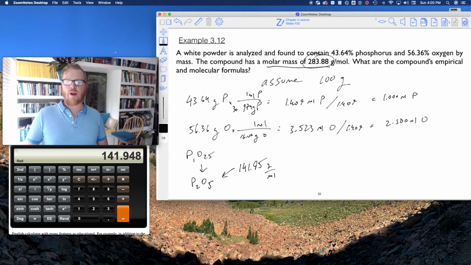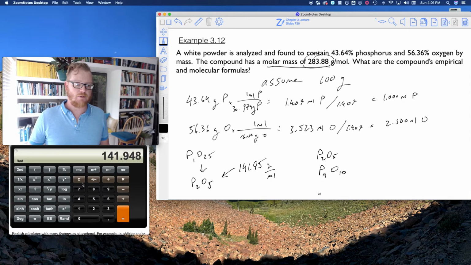We'll recognize that my empirical formula and my molecular formula have to be related to each other by some whole number quantity. So what happens if we try to multiply by 2? What if we say instead P4O10? And let's calculate the mass of that.